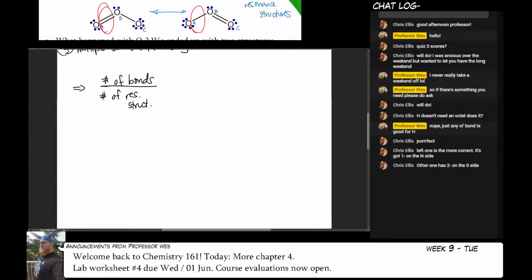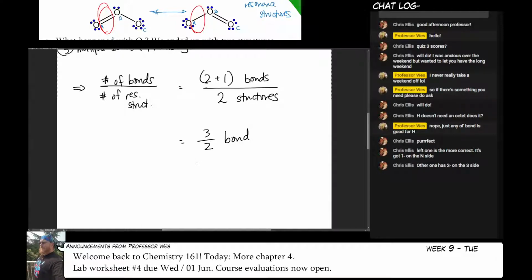So in the left position that I've circled, I have 2 bonds on the left plus 1 bond on the right, over a total of 2 structures. And so this would be equivalent of me saying that each bond in that position is the equivalent of a 1.5 bond, or 3/2 bond.